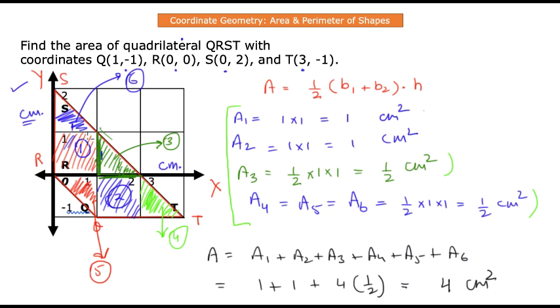So you see that we did not have to compute the area of this trapezium using the standard formula. We could simply employ the principles of coordinate geometry, and compute the individual block areas to calculate this total area, right? Well, this was another point, how do you calculate the area of shapes? We can utilize a variety of methods.